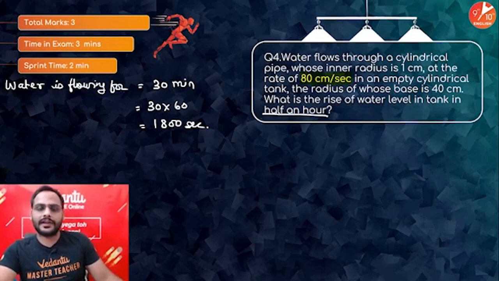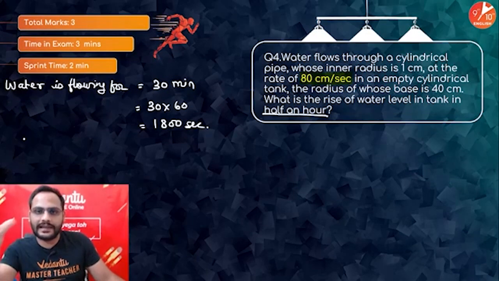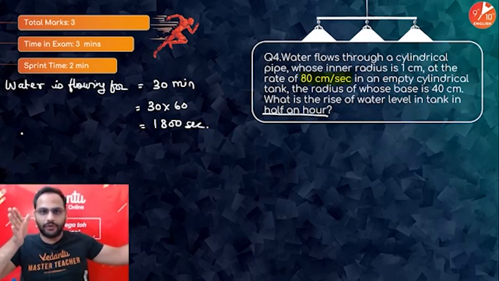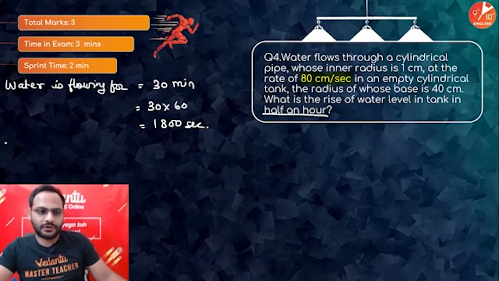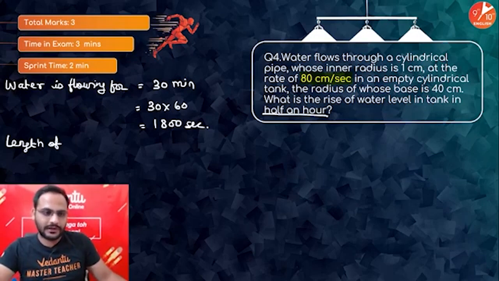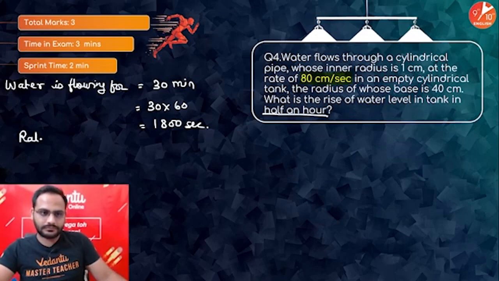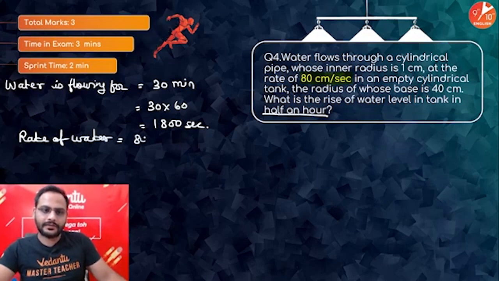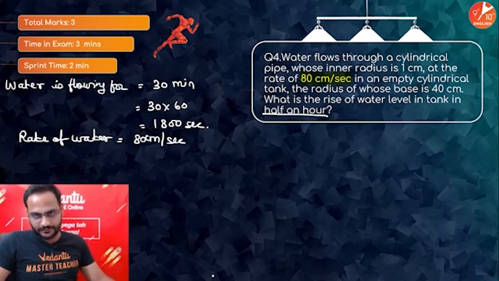So for these many seconds, if the water is flowing, how much length of water will it be making? Now, the rate of water we know is 80 centimeter per second.